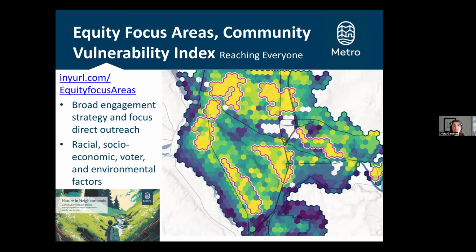We took both of these resources and applied this targeted universalism approach by producing and mailing out 55,000 bilingual direct mailers in our Washington County project to every address in these equity focus areas.